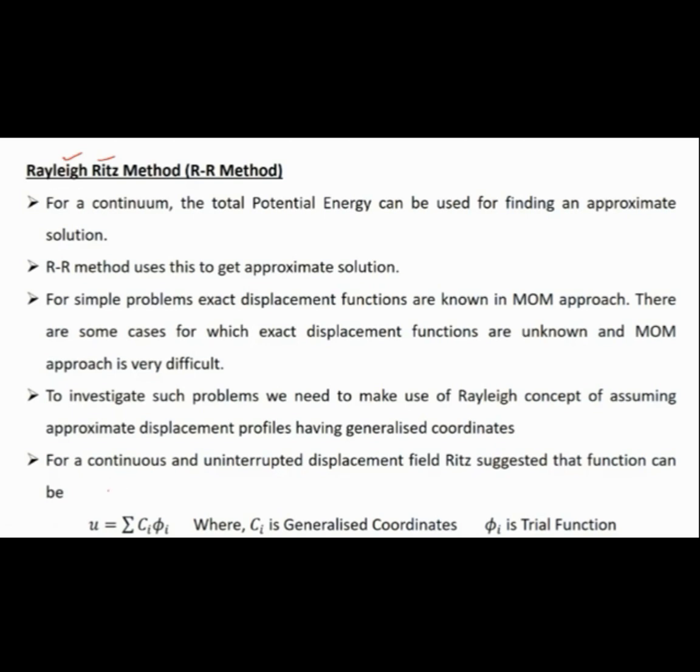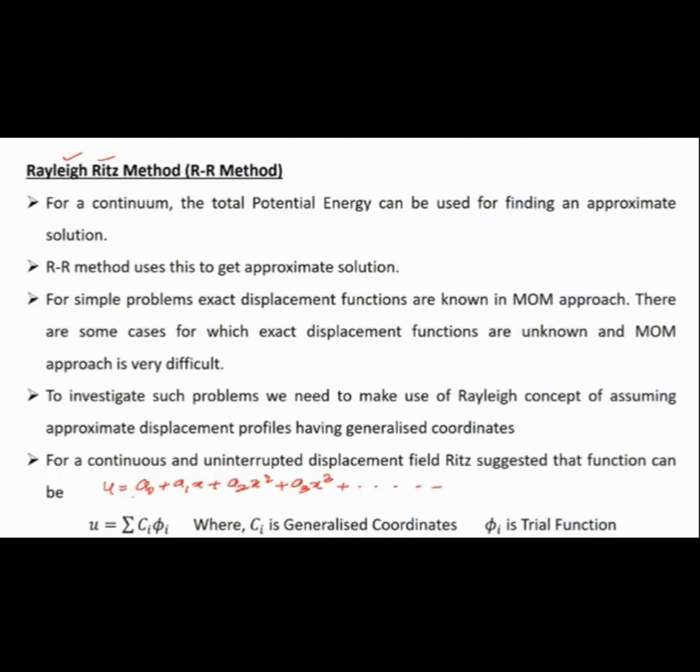Now you already know when I consider the displacement function, either I can go with the polynomial function or I can go with the trigonometric function. If I consider a polynomial function, my displacement u will be equal to a naught plus a1x plus a2x square plus a3x cube and so on. This is my displacement function in the form of a polynomial function.